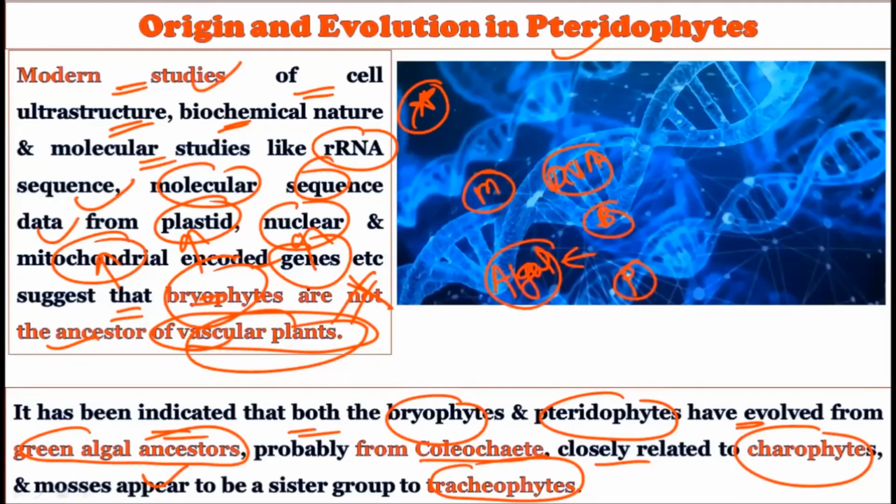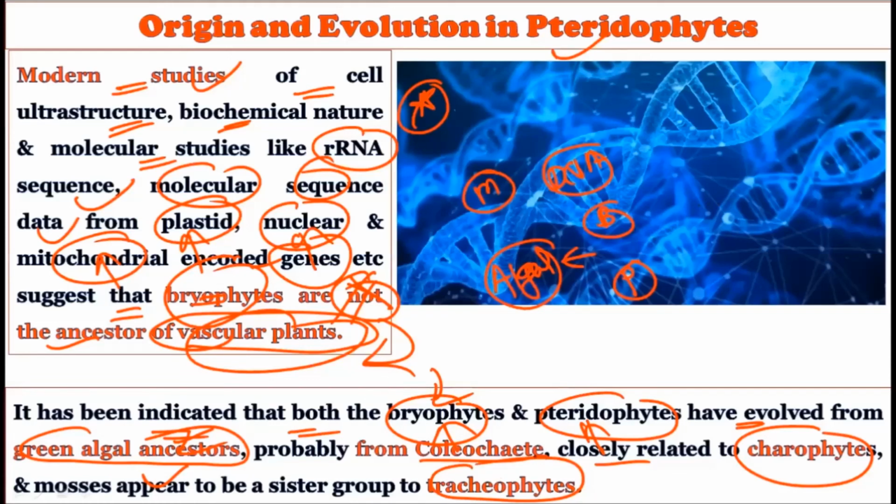That is, the biochemical studies, molecular studies and ultrastructure studies. From these studies, we can clearly say that the bryophytes were not the ancestors of the vascular plants, but the green algal ancestors are there from which the bryophytes and the pteridophytes have evolved. This is a very strong statement. They are saying probably from the Coleochaetes, which is a group of Chlorophyceae, closely related to the chlorophytes, and the mosses appear to be the sister group of the tracheophytes.